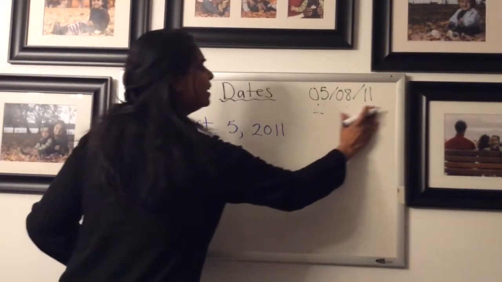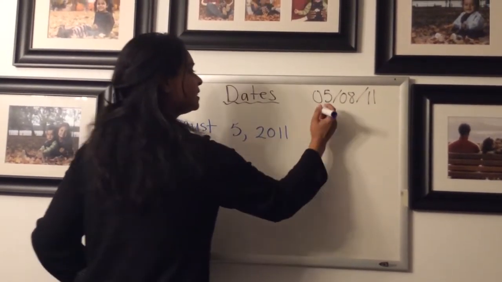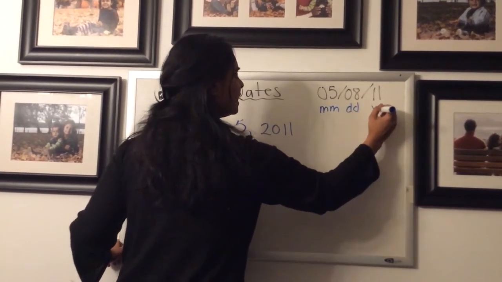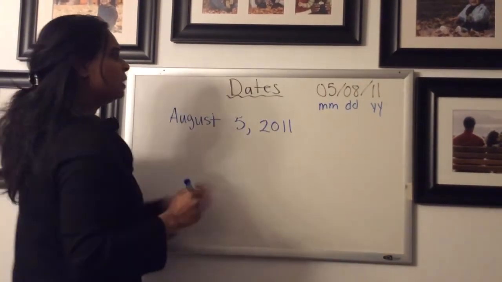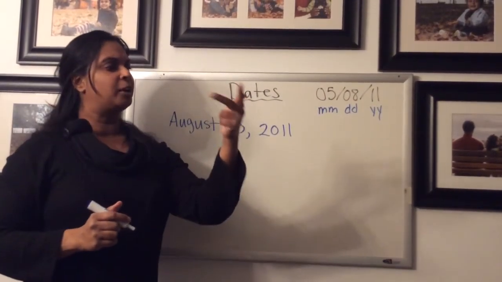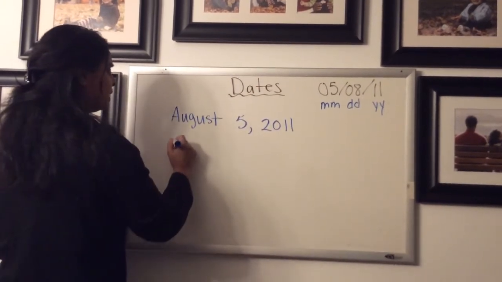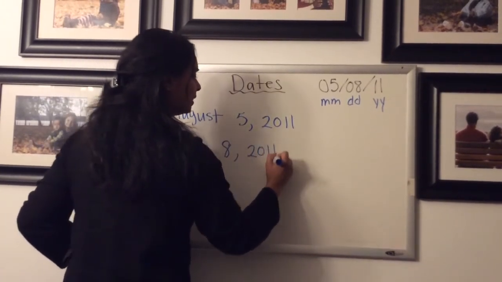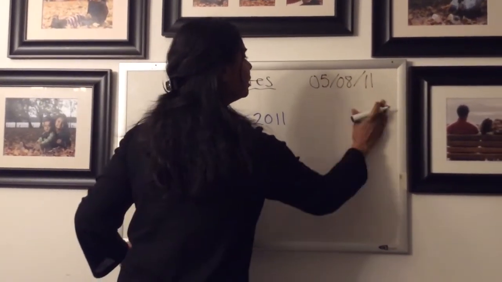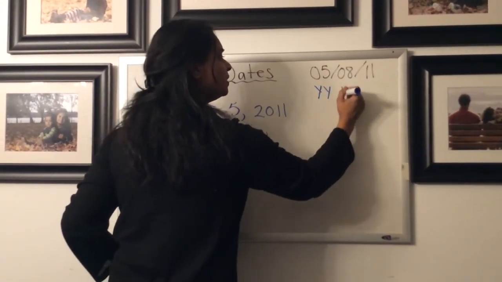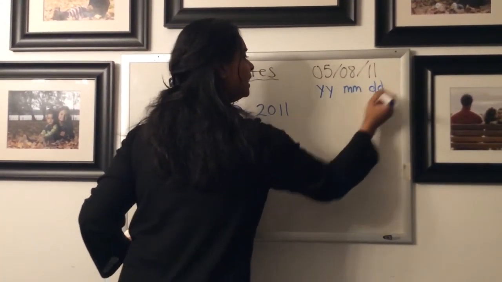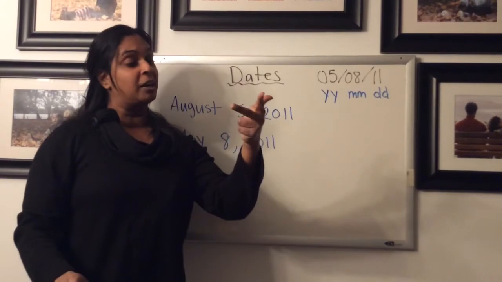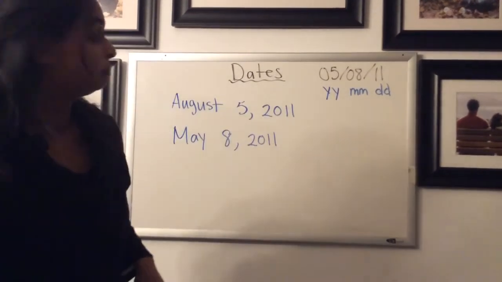All right, so that's one possibility. Now, if they did it this way, maybe this is the month, and this is the day, and maybe that's still the year, okay? So then we have the 5th month, January, February, March, April, May. So this could also mean May 8th, 2011. If we maybe said that this was the year, and this was the month, and this was the day, then maybe the date is January, February, March, April, May, June, July, August, 8.